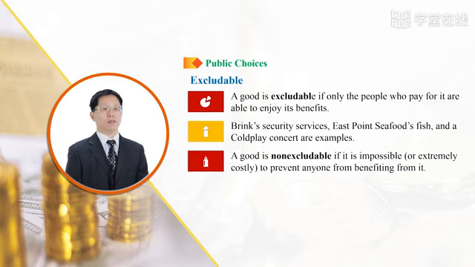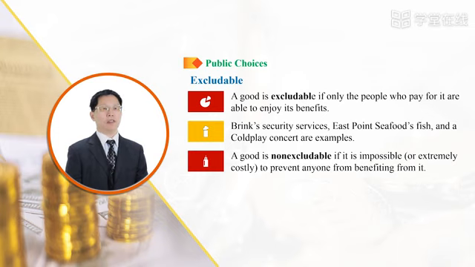A good or service is non-excludable if everyone benefits from it regardless of whether they can pay for it. National defense or a town's 4th of July fireworks display are non-excludable.